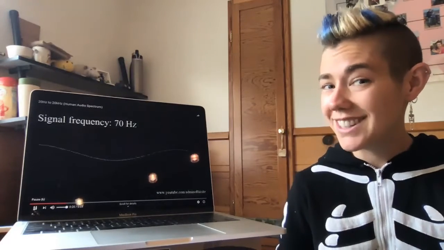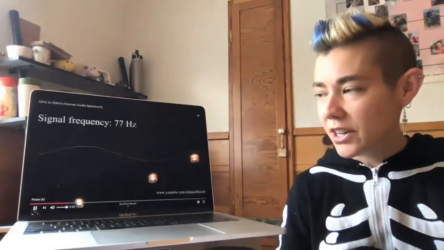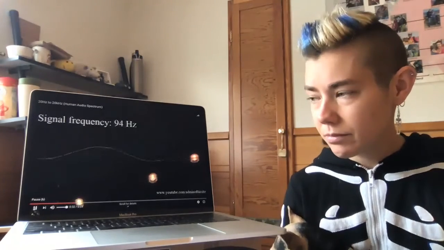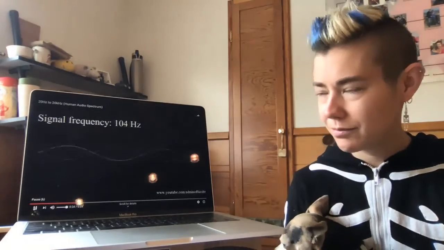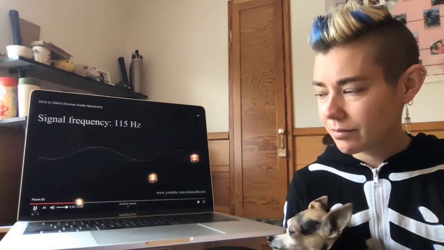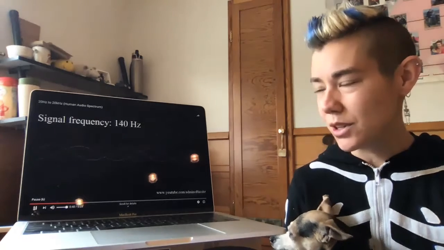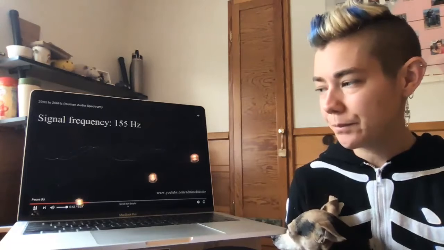Right around 50 to 60 hertz, I'm starting to hear a very low pitched sound. You can hear a low hum, sounds sort of like an airplane engine.